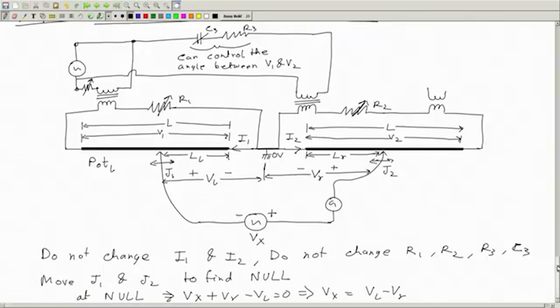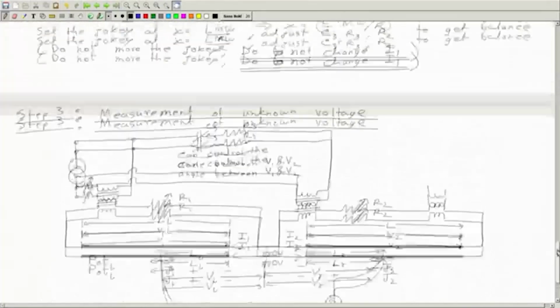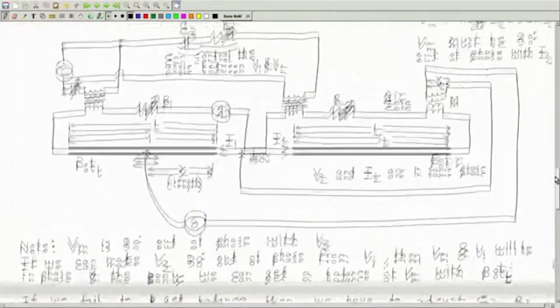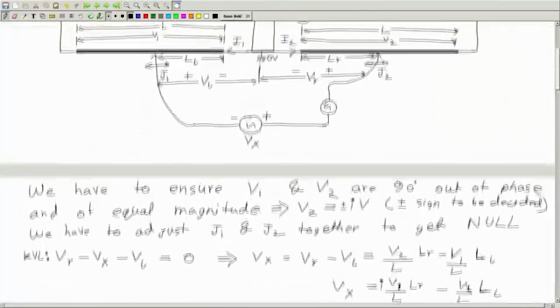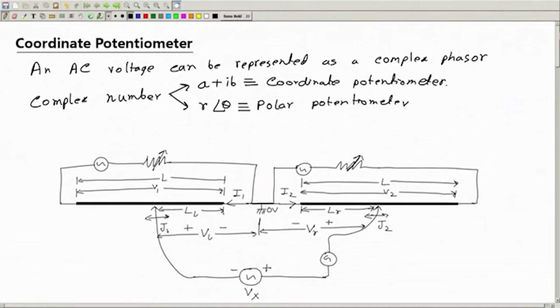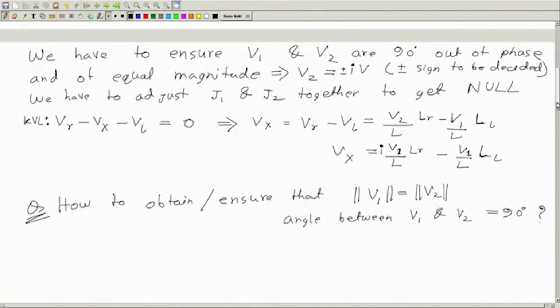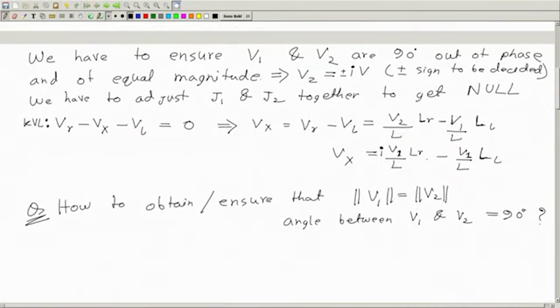Okay. So, maybe I recap a bit. Vx from here is this. Let me write J to be consistent.